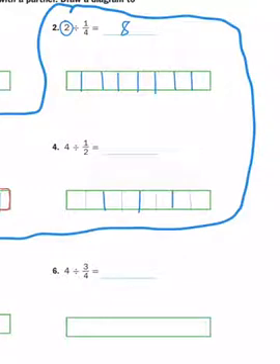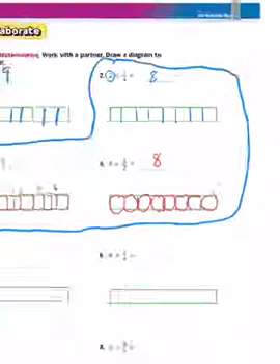And now I'm going to circle all of the halves. So here's 1, 2, 3, 4, 5, 6, 7, 8. So in other words, if I have 4 wholes split into halves, I get 8 halves out of that.